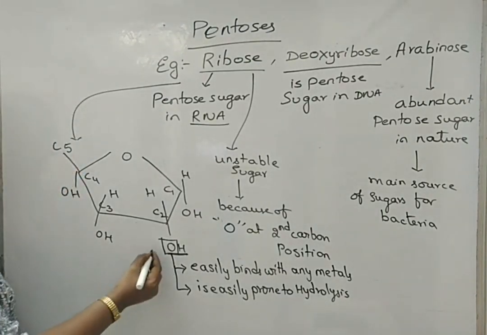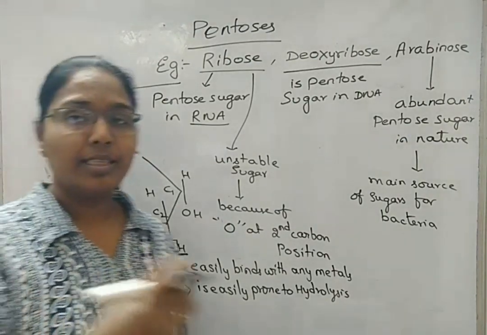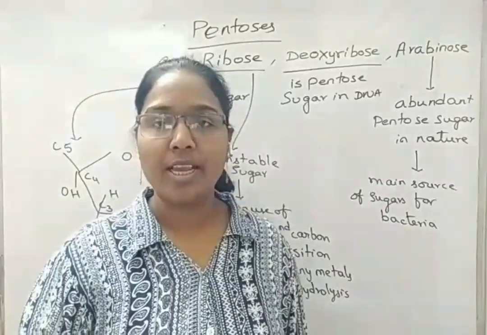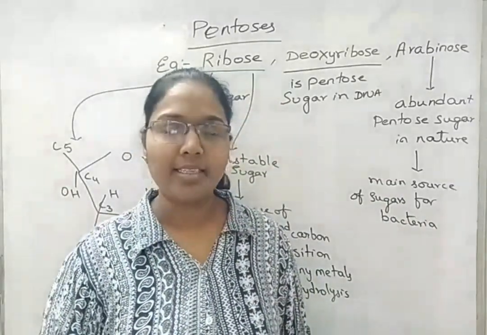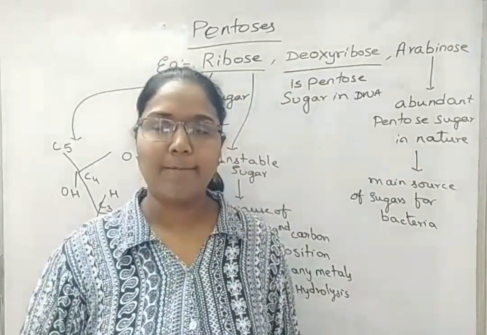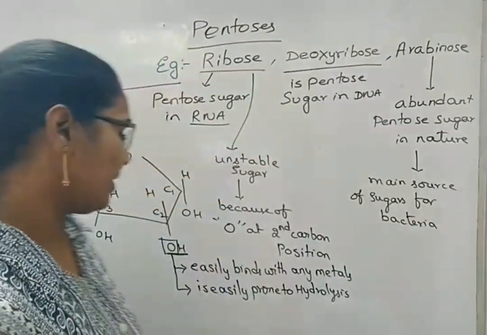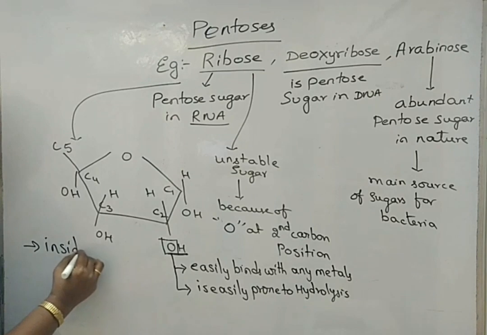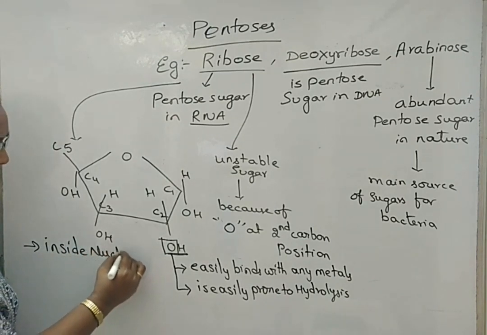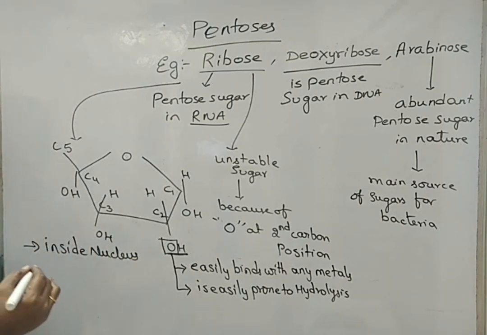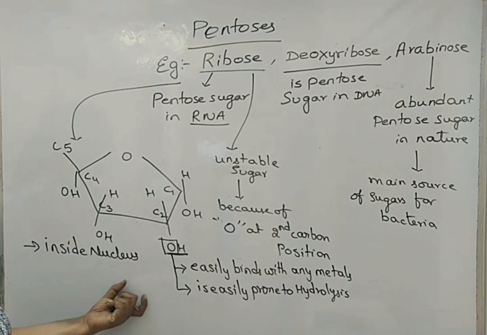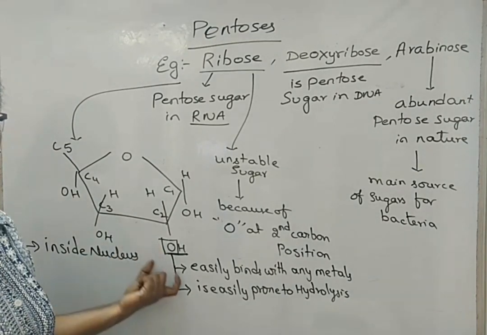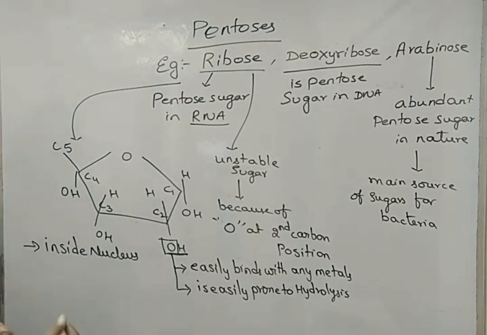Now, in which type of organisms did this RNA remove that oxygen? We can take a few examples. One is inside the nucleus. Inside the nucleus, RNA has changed the structure of the pentose sugar by removing the oxygen.